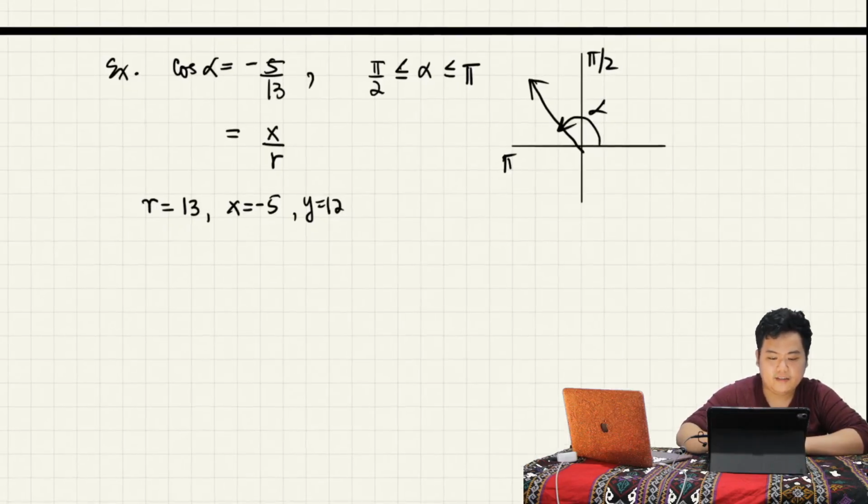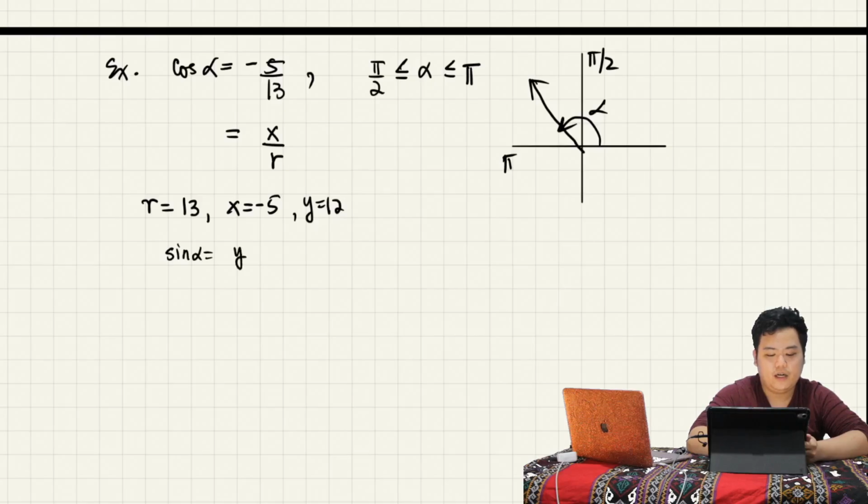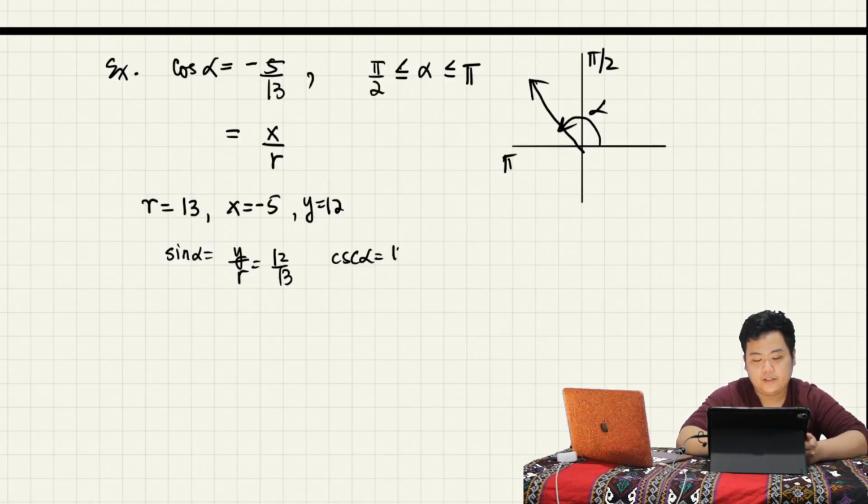Okay, so we already have cosine alpha. So, sine alpha is y over r. 12 over 13. Yung reciprocal niya, which is cosecant, 13 over 12. Secant alpha is the reciprocal of cosine.